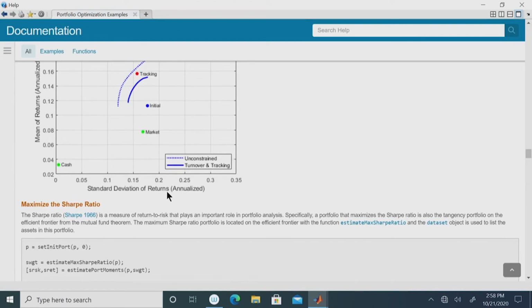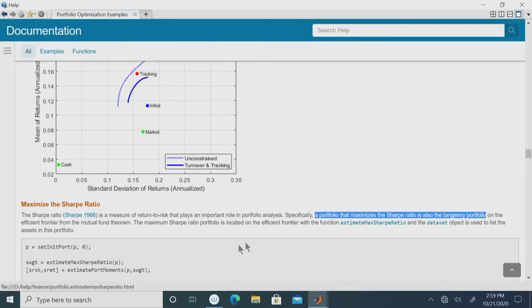Okay, now the next thing we want to look at is the maximization of the Sharpe ratio. Remember that the Sharpe ratio is a critical measure of portfolio performance analysis, and it is given by the return to risk. So, it is the excess return to risk, and particularly we are interested in a portfolio that maximizes the Sharpe ratio, and it turns out that this is the tangency portfolio that we had discussed in class.